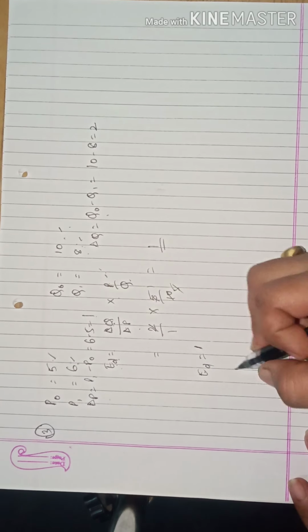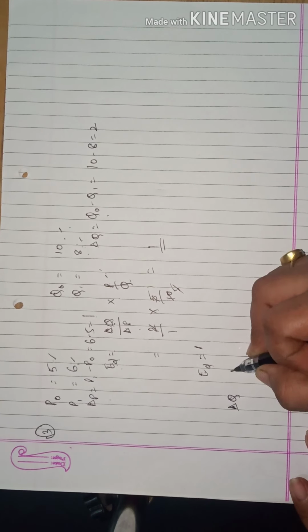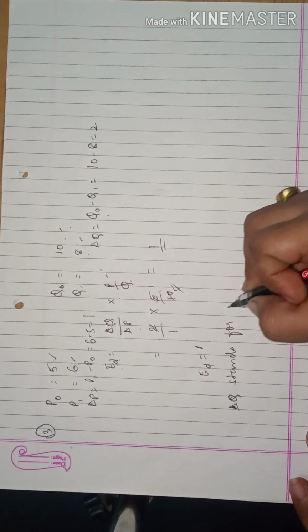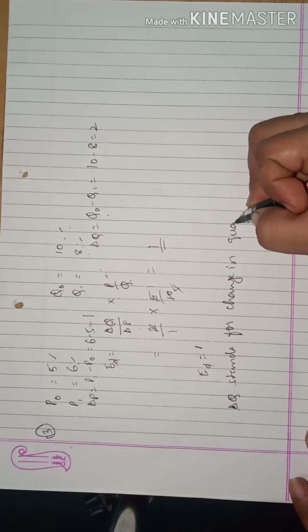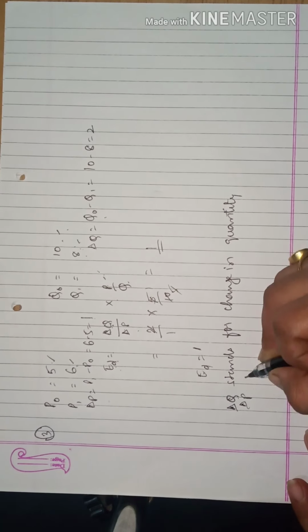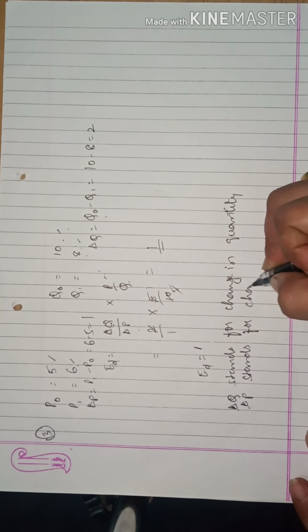Do remember, in the formula you will specify what each symbol stands for. Del Q stands for change in quantity. You will specify this. Again, del P stands for change in price.